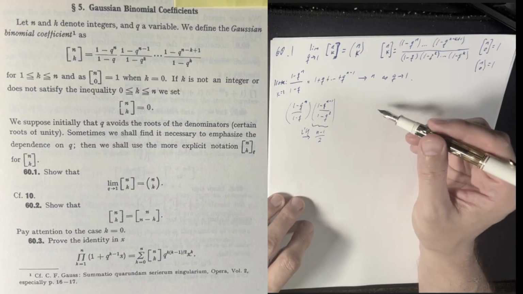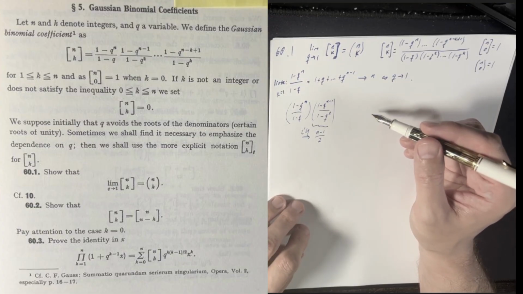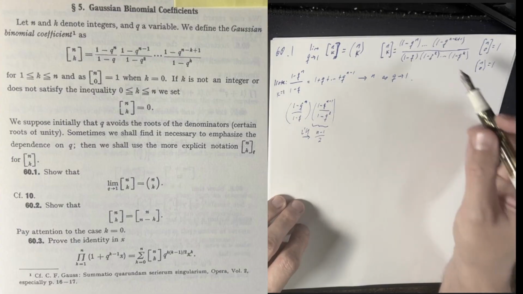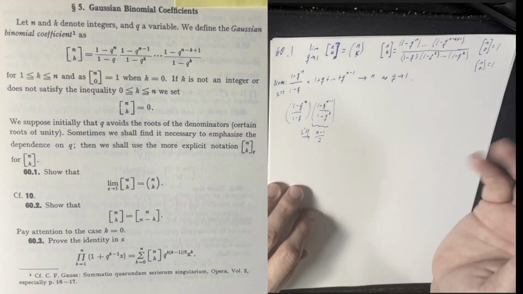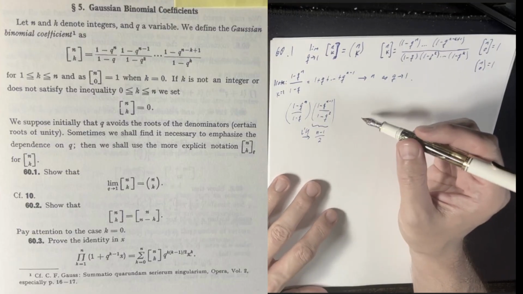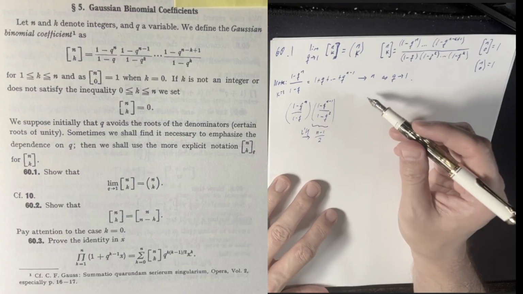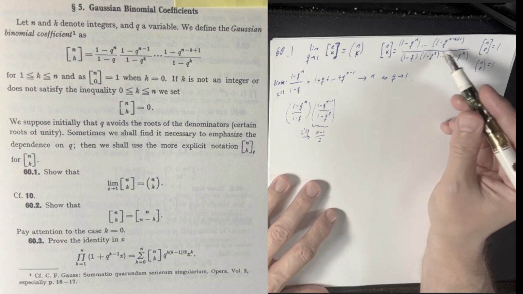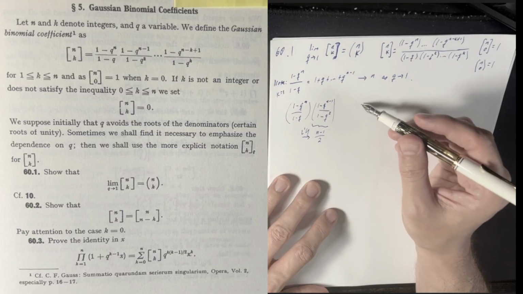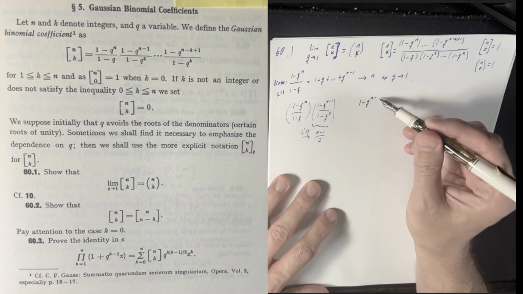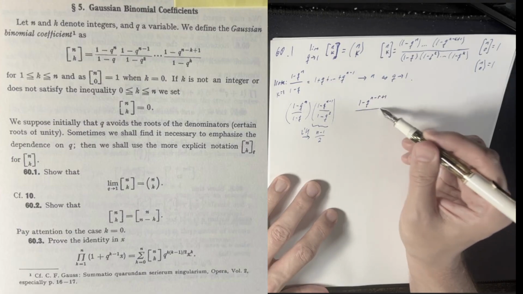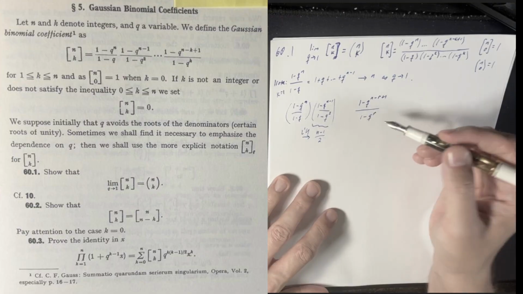So in general, our terms, the ones that we're multiplying by when we go from one step to the next, suppose you had just a random term in here like, let's say r plus 1 over 1 minus q to the r.